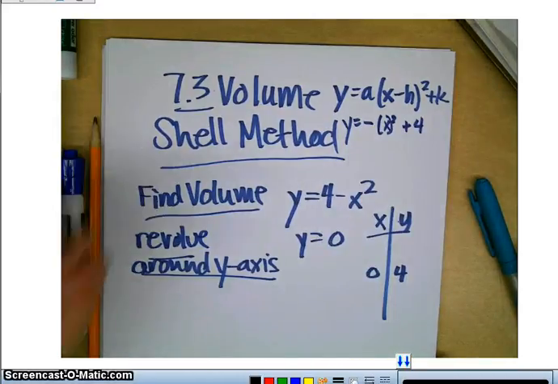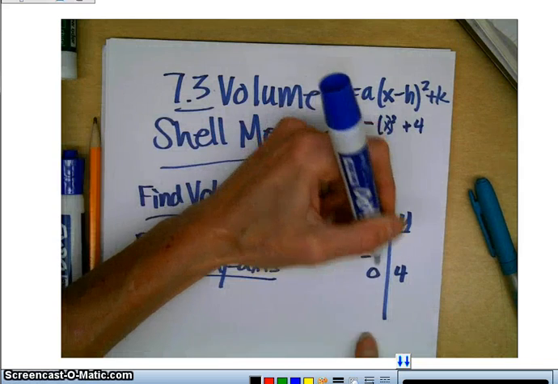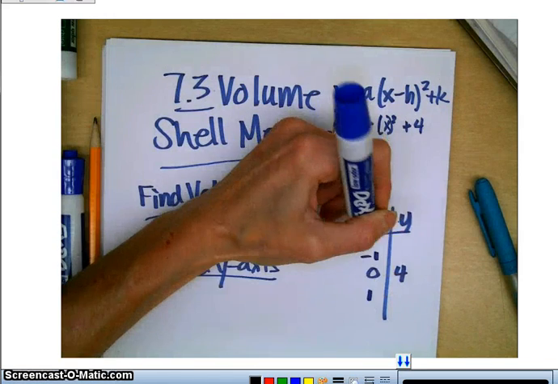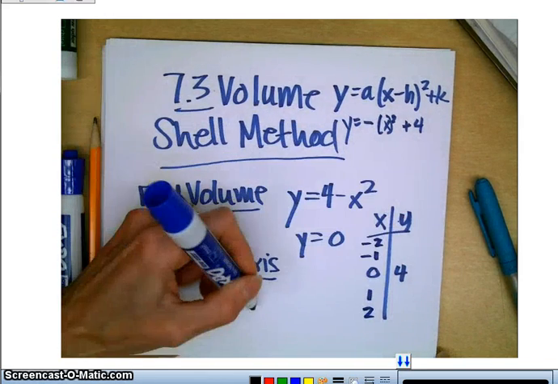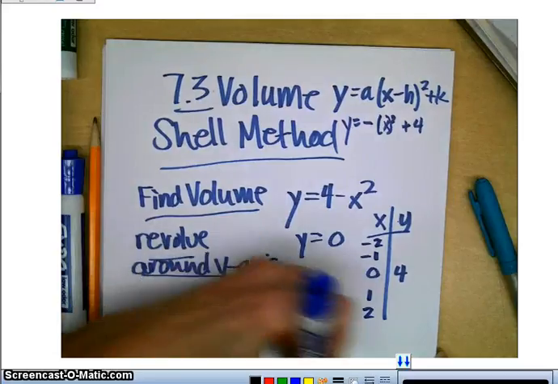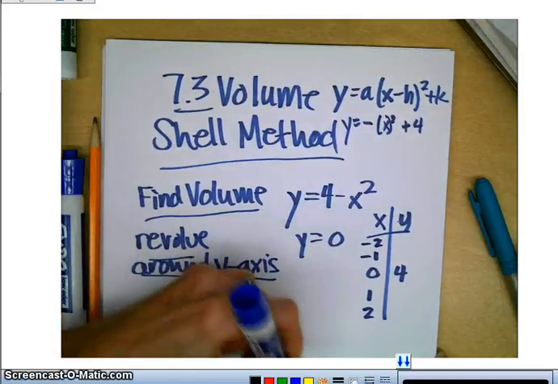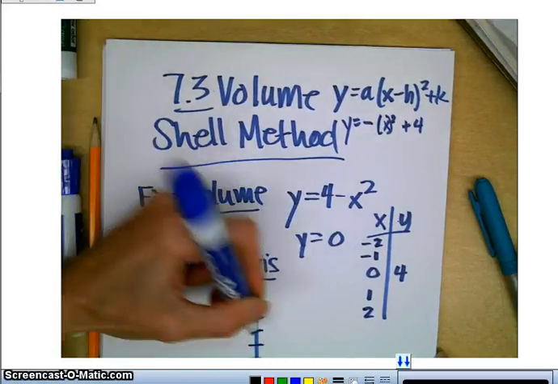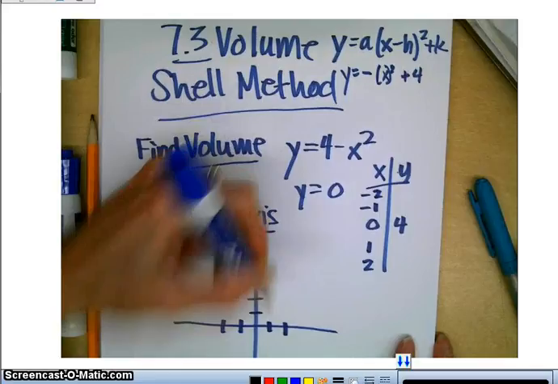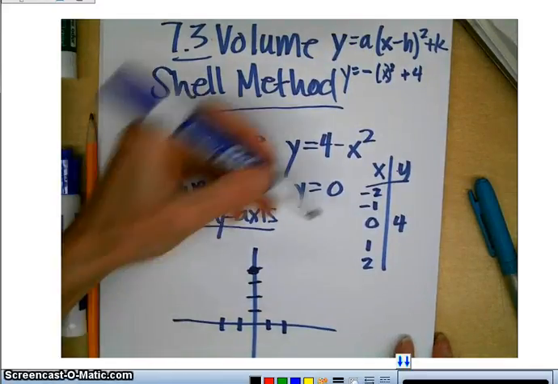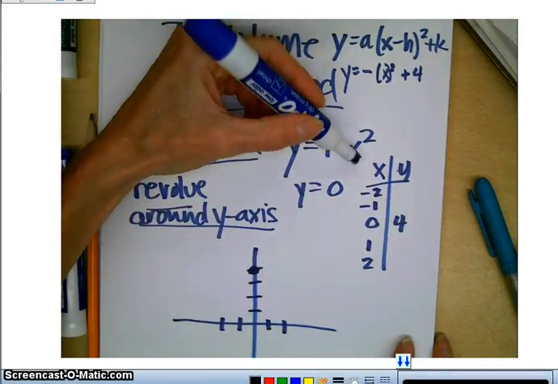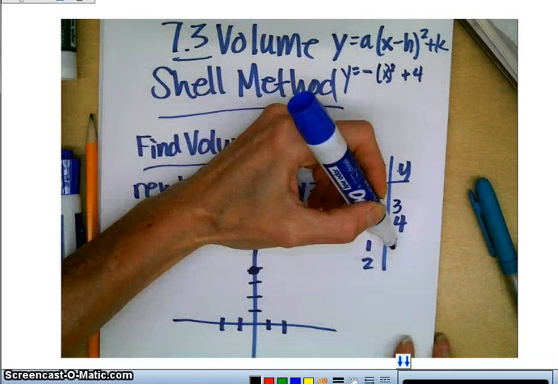So now I'm just going to pick some other values to the left and right of 0: -1, 1, -2, and 2, and I can sketch that graph. There's my vertex at 0, 4. And then if I put 1 in here, I get -1 and 1, I get 3.